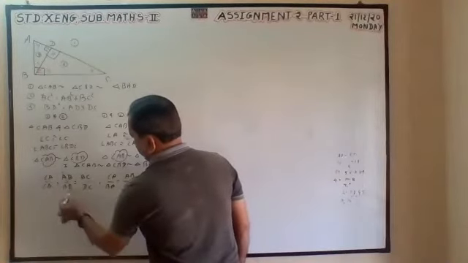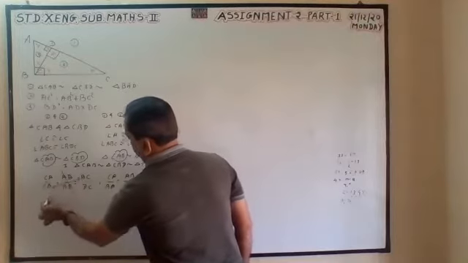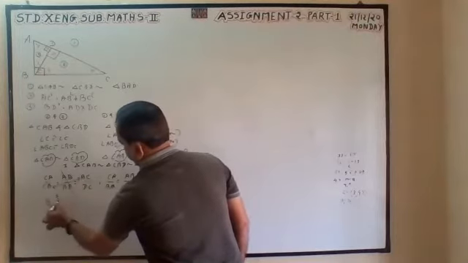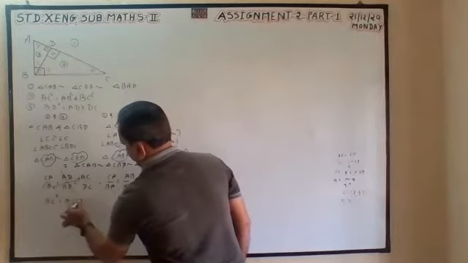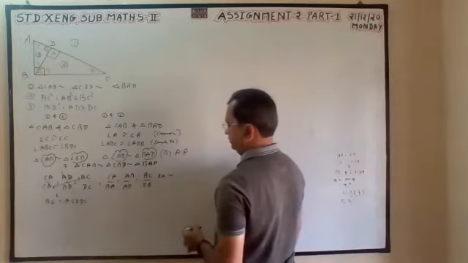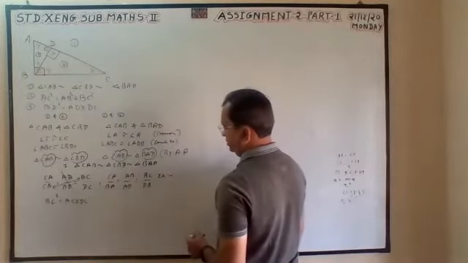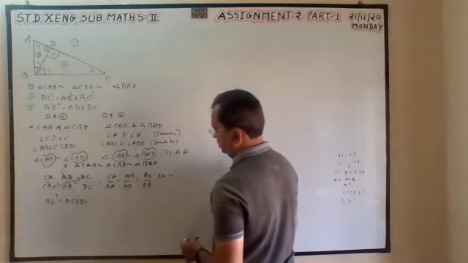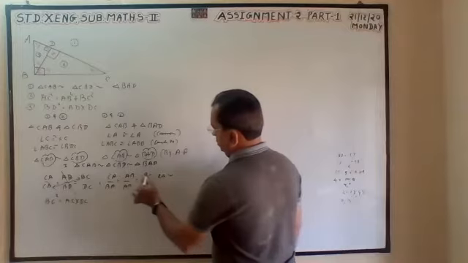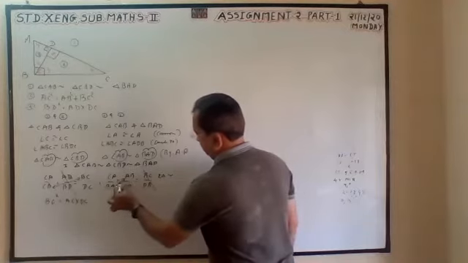Here, don't take this BC square, AC into DC. Here, don't take this, take this, AB square.